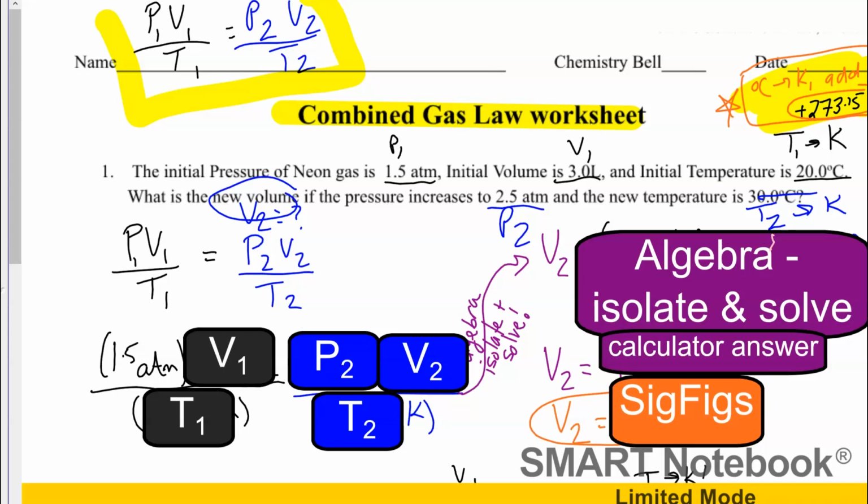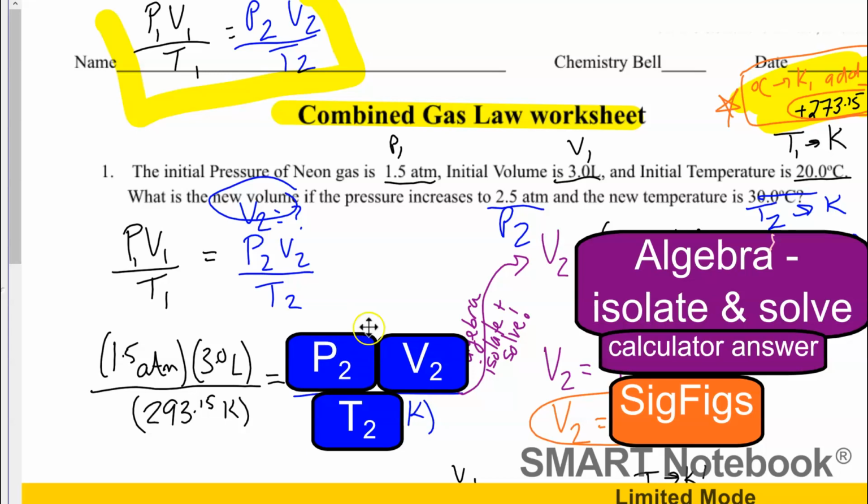P1 is 1.5 atmospheres. What is V1? V1 is 3 liters. And T1 we have to convert from 20 degrees Celsius. T1 is 293.15 Kelvin. Okay. So what's P2? P2 is 2.5 atmospheres.